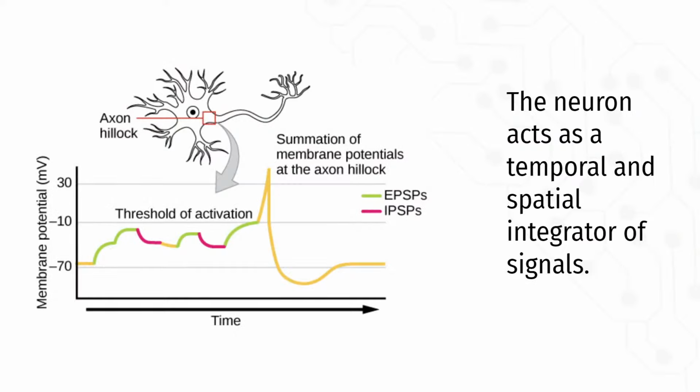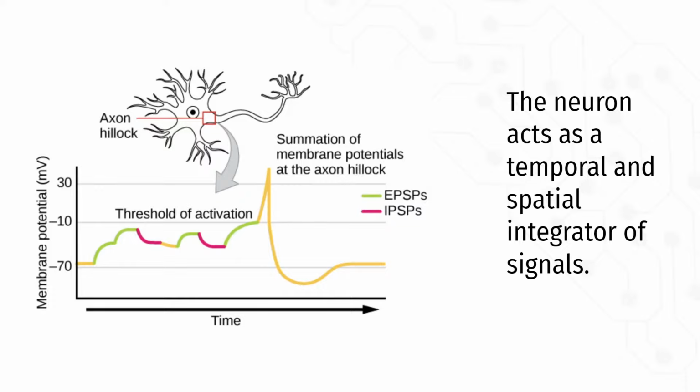As you can see, the neuron acts as a temporal and spatial integrator of signals. While it might sound complicated, what we're essentially trying to say is that we just saw the structure of a brain signal, right? It is essentially just a difference in potential over time. So what we're trying to understand here is that the neuron sums up all the signals that it receives.